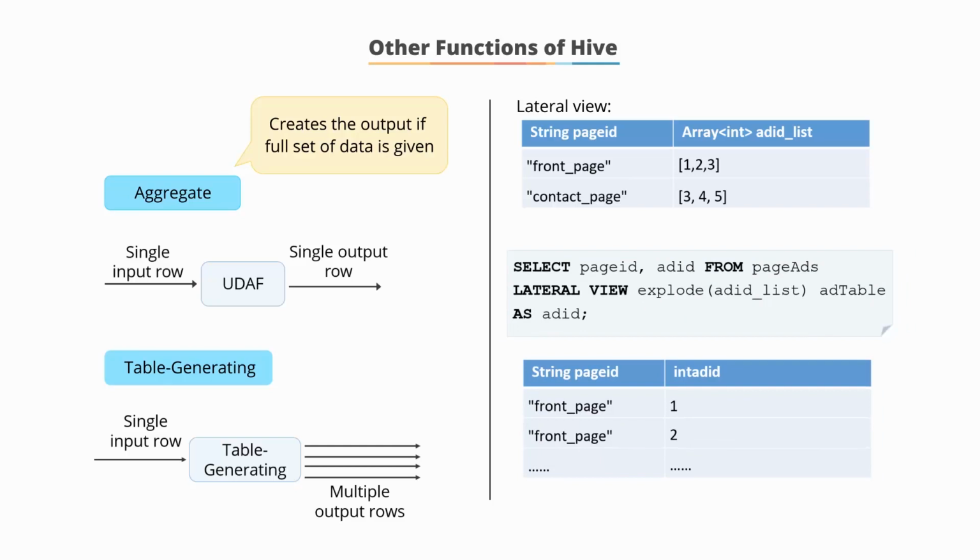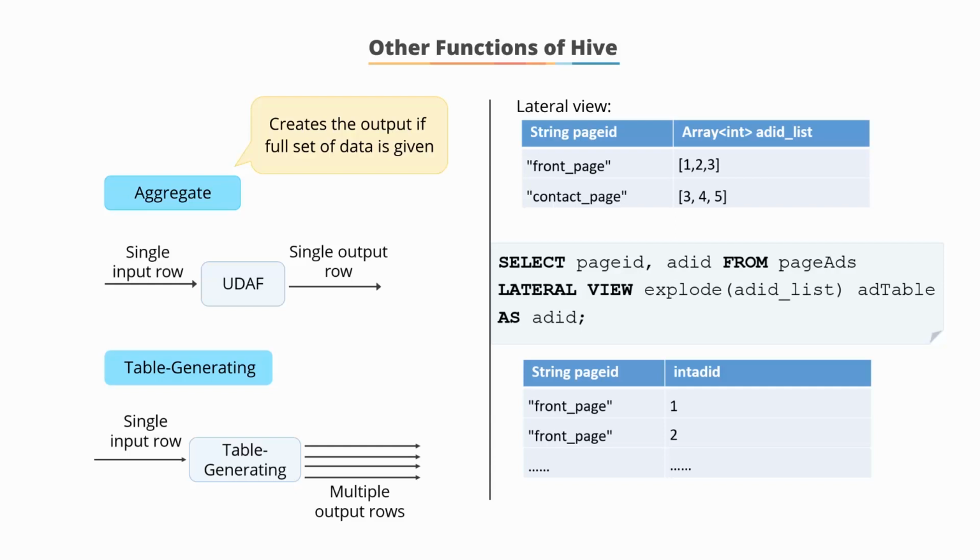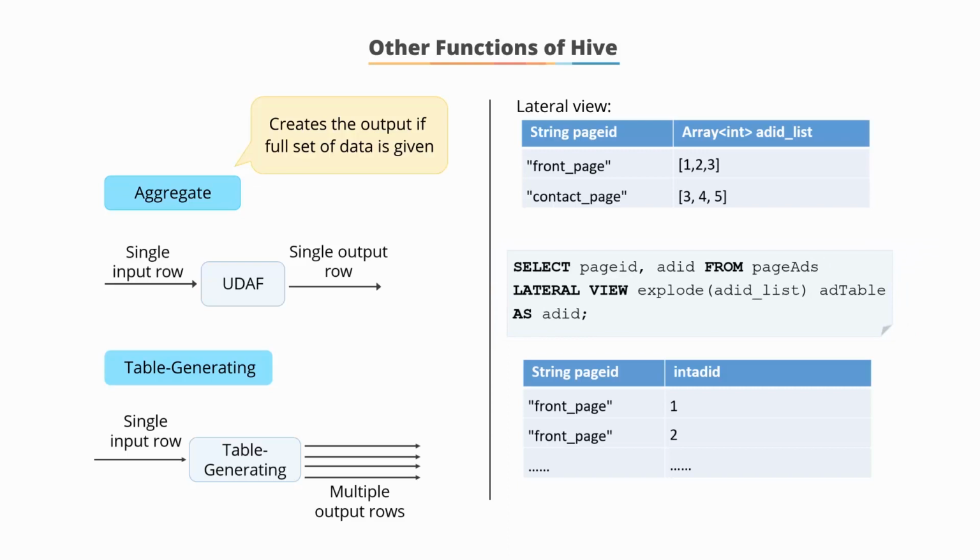Consider the base table named page_ads. It contains two columns, pageid, which is the name of the page, and adid_list, which is an array of ads that appear on the page. A lateral view with the explode can be used to convert the adid_list into separate rows using the provided query.